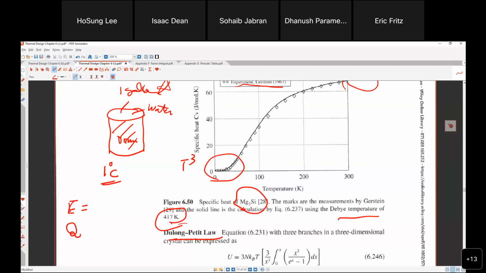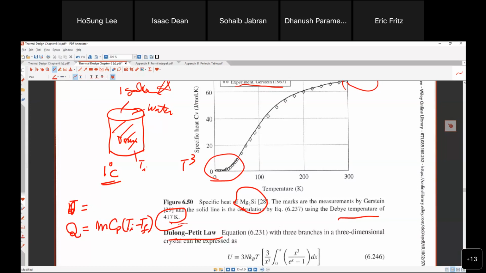Actually, Q. Heat is required. M mass, Cp, temperature initially and finally.